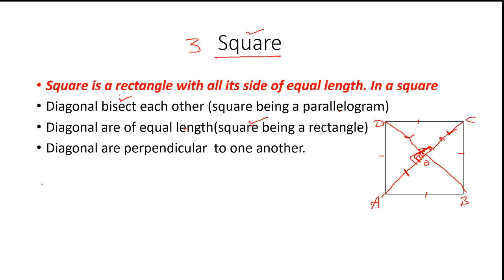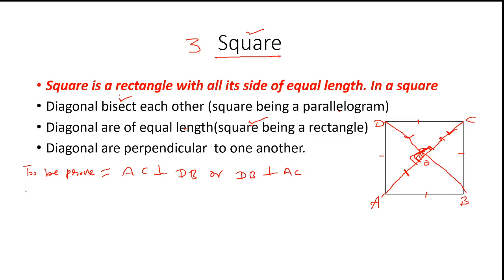Now, what is to be proved? To be proved, क्या प्रूव किया जाना है? टू बी प्रूव्ड कि AC is perpendicular to DB, or DB is perpendicular to AC.